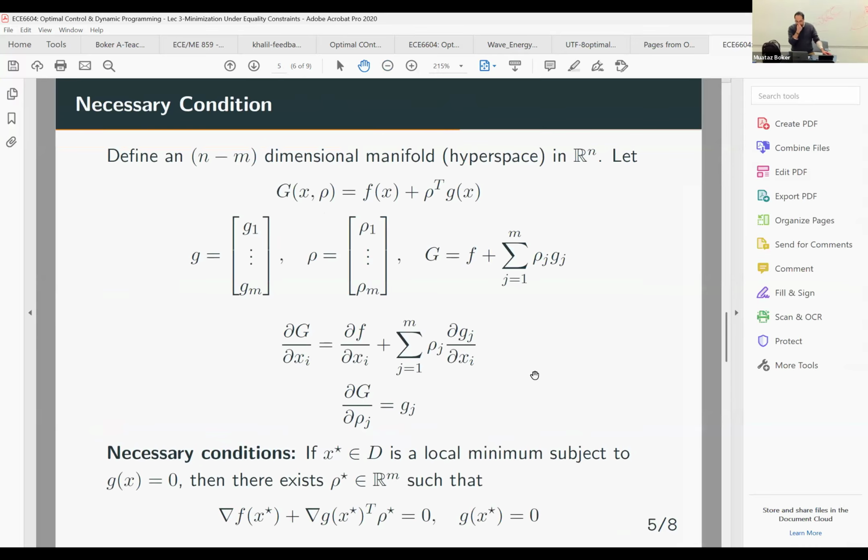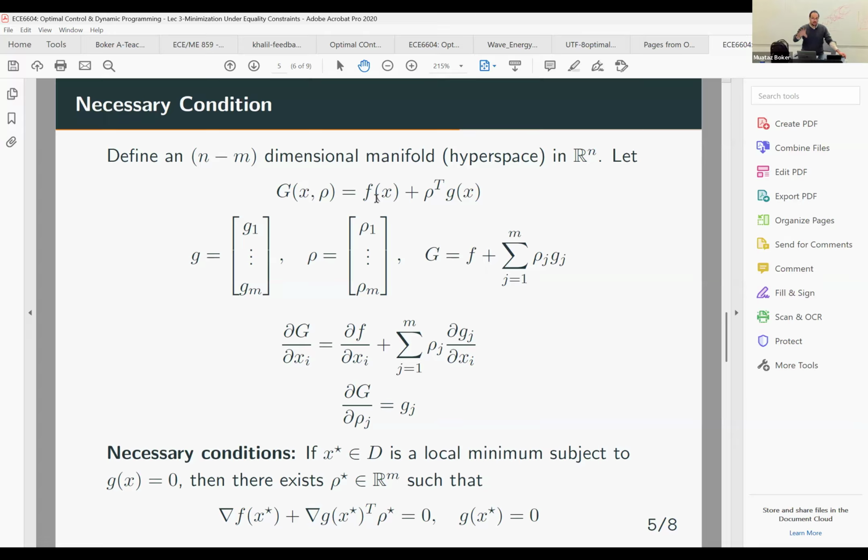Okay, so now define an n minus m dimensional manifold, right? Hyperspace in Rn. Okay, and so let capital G be defined. This is the genius of the Lagrange multiplier, right? It combines the constraint in addition to the function we want to minimize in one equation.